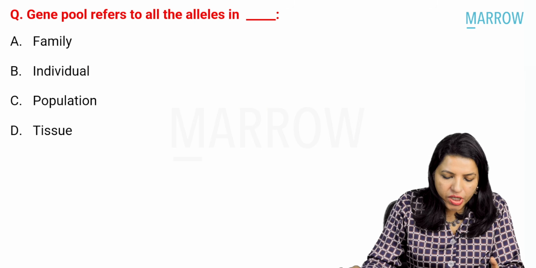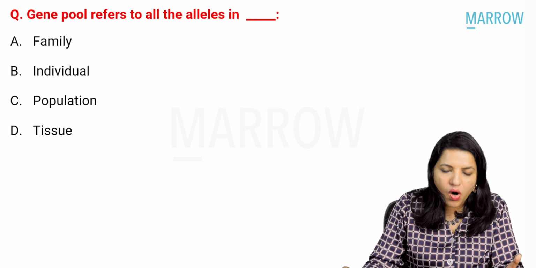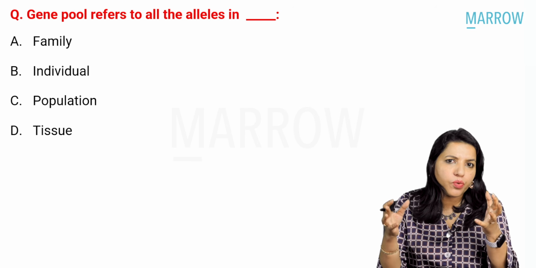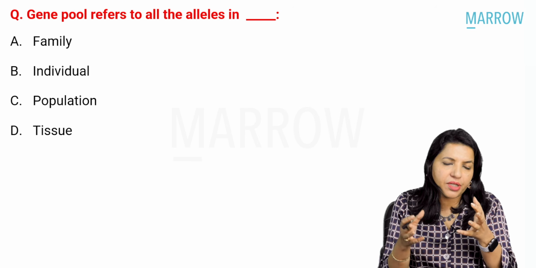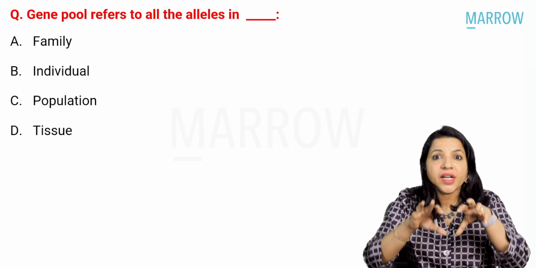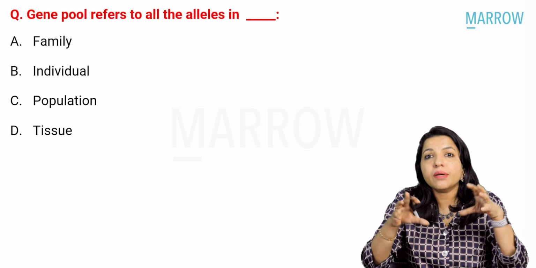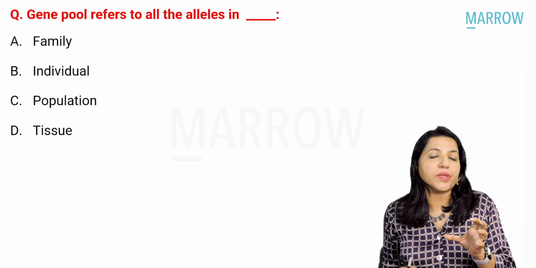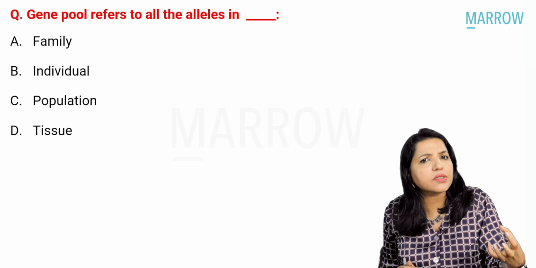Next question: gene pool refers to all alleles in. A gene pool is a pool of genetic material that we are collecting from different alleles in a population. Why? Because we want to guarantee genetic diversity.